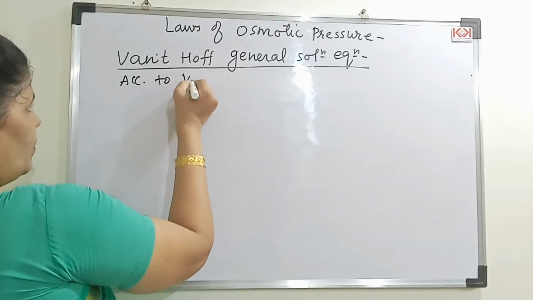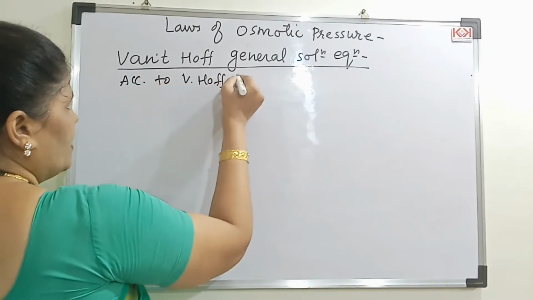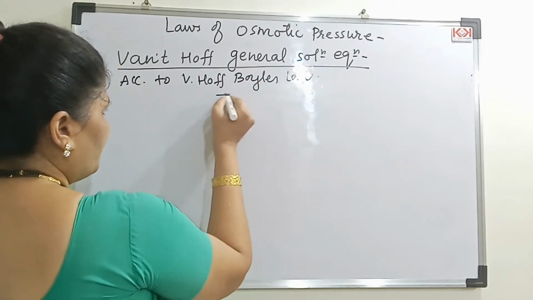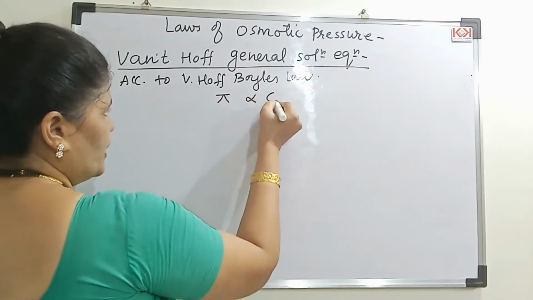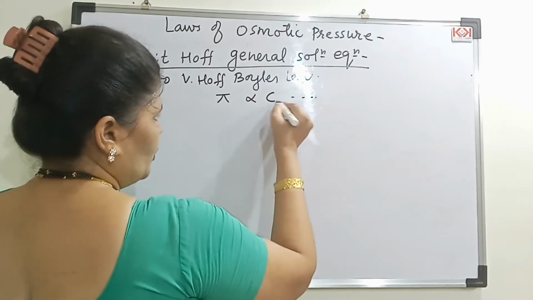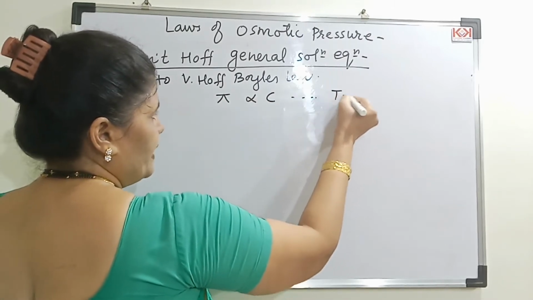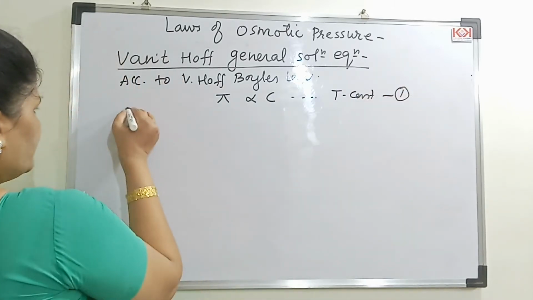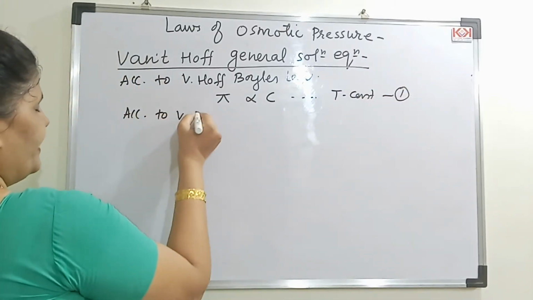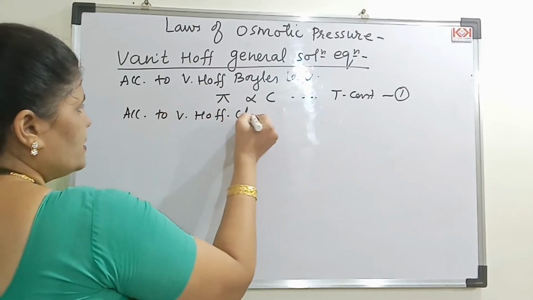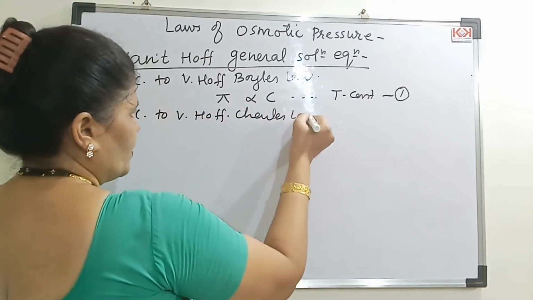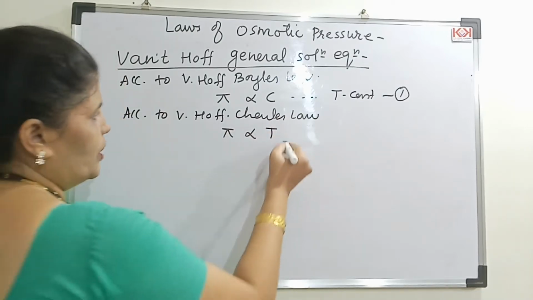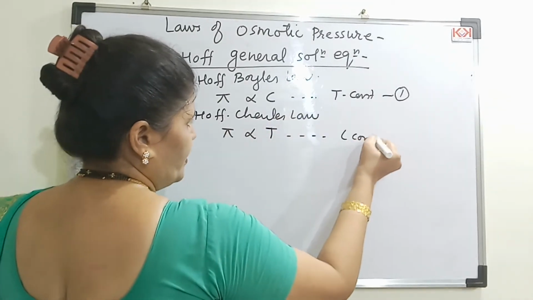According to Van 't Hoff's law, what we have seen, pi is directly proportional to concentration or molar concentration provided temperature remains constant. I'll mark this as equation 1. Next, according to Van 't Hoff's law, pi is directly proportional to its absolute temperature provided concentration remains constant.